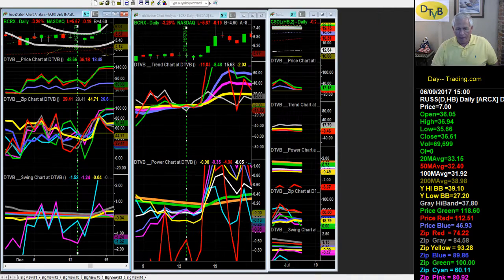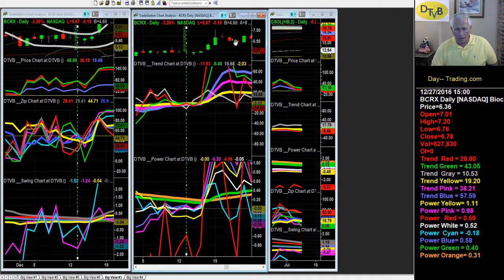The next one has trend gray, again down under 0, and the yellow line is under 0, under power orange. And then in this case here, we have a 4-day, this fourth one obviously is a really big day up, and it just is part of that.